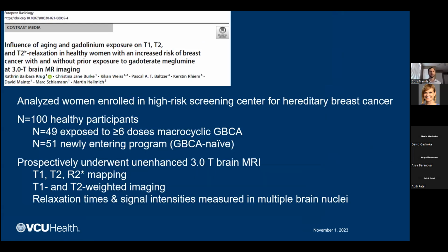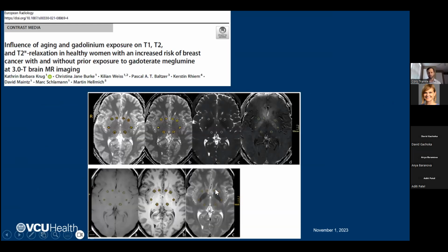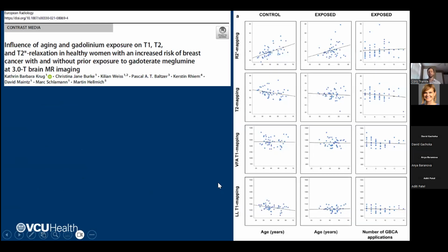So this is a study in 100 healthy participants and women who were enrolled in a high-risk screening center for hereditary breast cancer. A number of them were exposed to multiple doses of macrocyclic gadolinium-based contrast agents, and half of them were contrast naive. They tried to look for the same association.